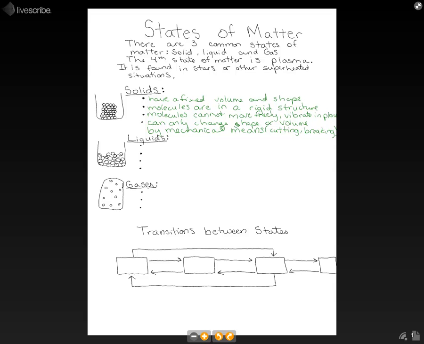Now looking at liquids. Liquids have a fixed volume, but unlike the solids, they're going to take on whatever shape their container has.